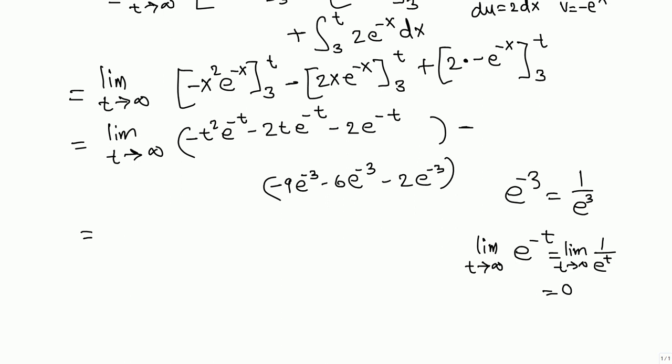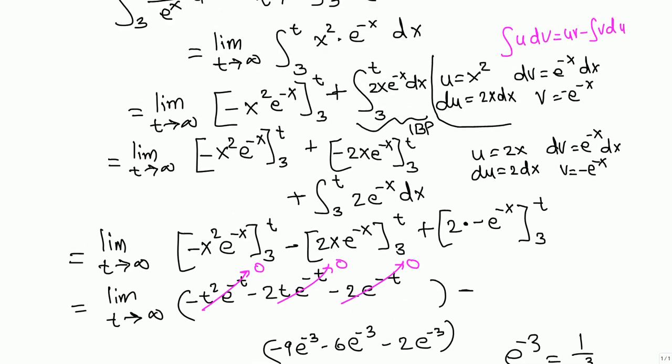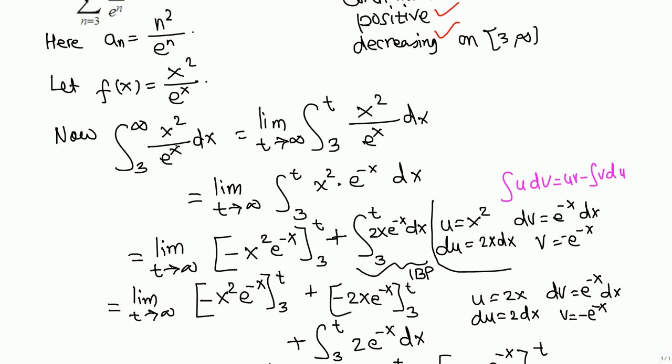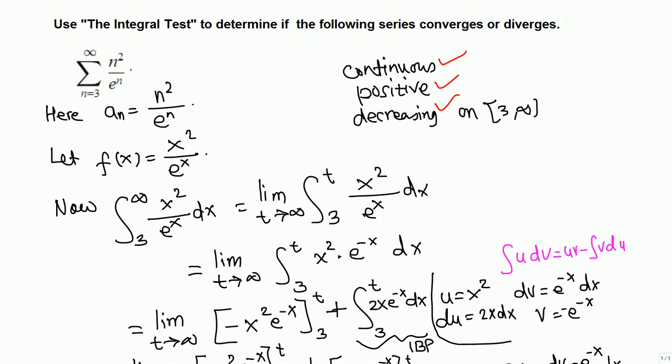So this is 0 when t goes to infinity, 0 times something is 0, same thing, 0, 0. Distributing the negative, we get a positive number. It's a finite number. All I care is that this number is less than infinity; I don't need to know the exact number. This is finite. All that means this improper integral converges. In turn, this series converges.